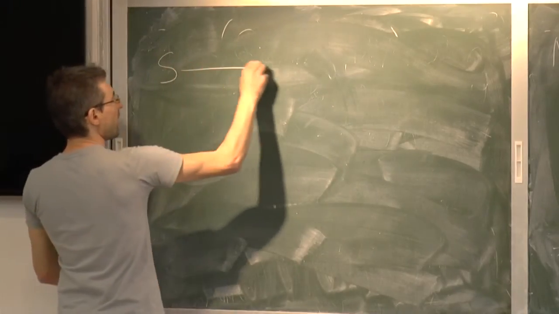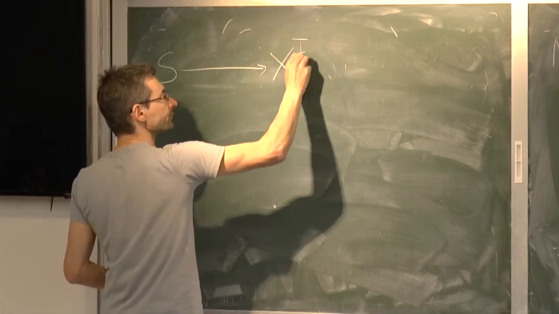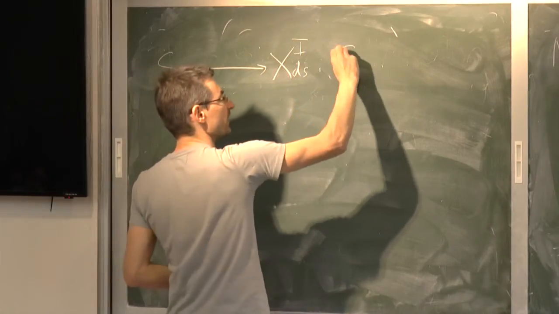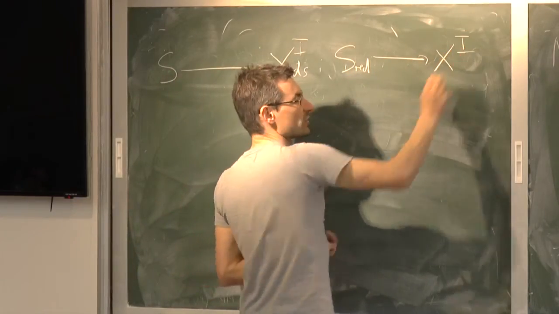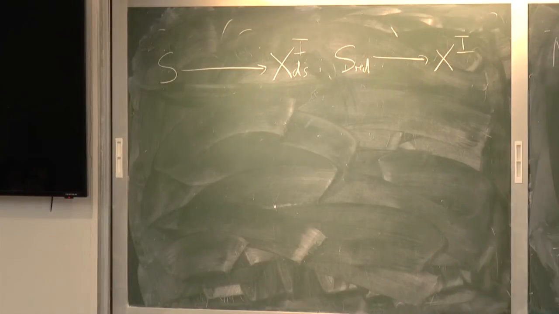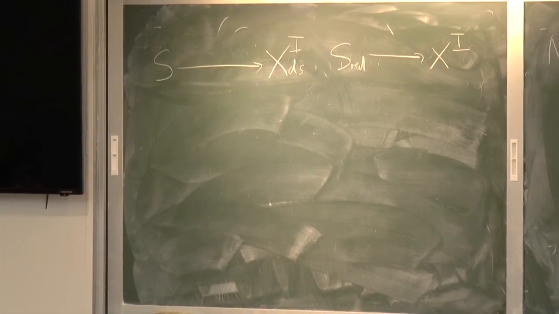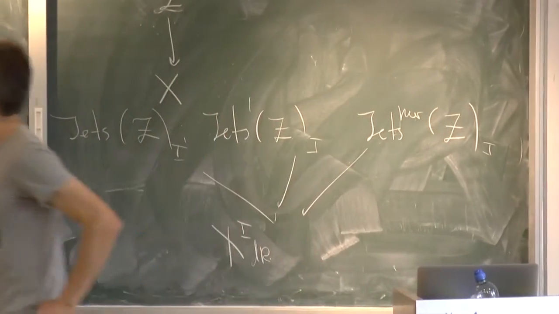So given an S-point of X^I derived, which has a map from S reduced to X^I, I have to specify what it means to lift it to a point of this, this, and this respectively. All of these live over X^I derived. So this is the easiest to say. So let me say what it is.